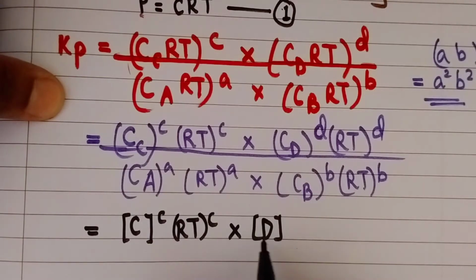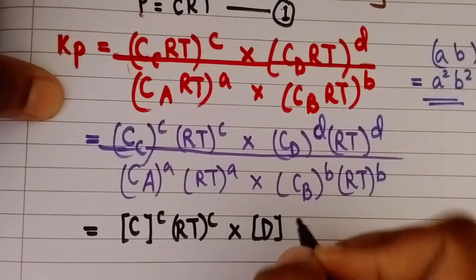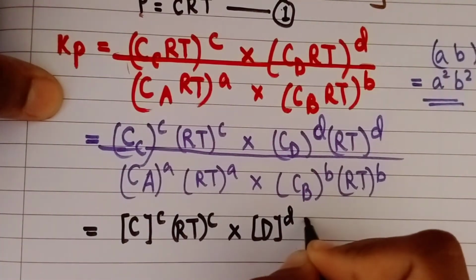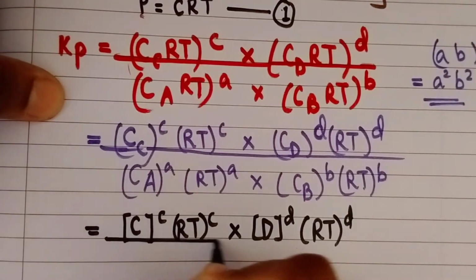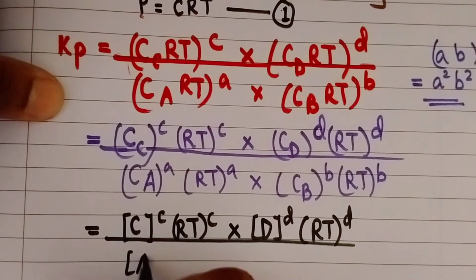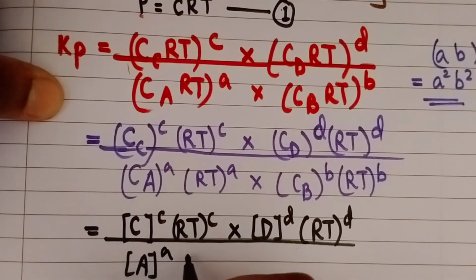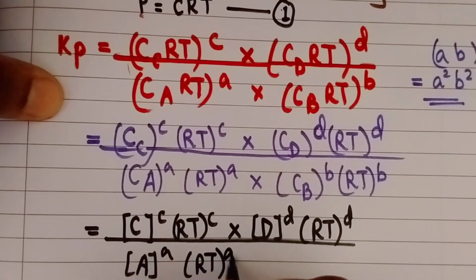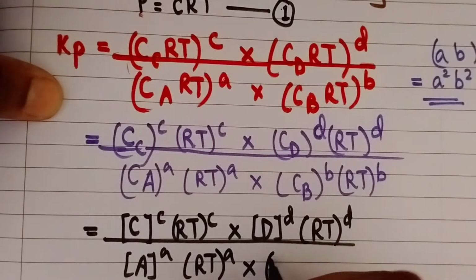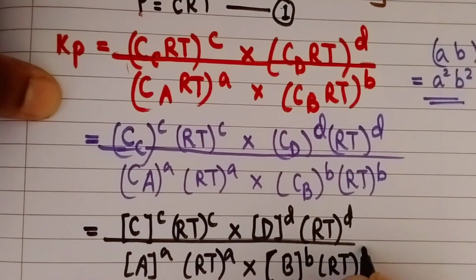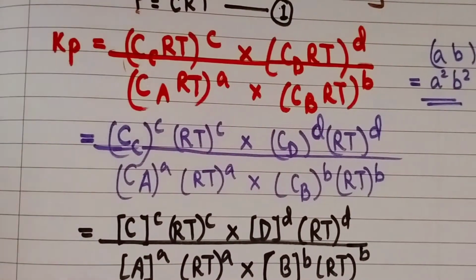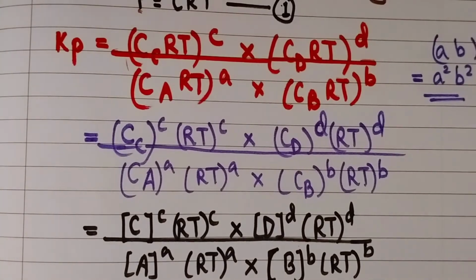It's been taught in the equilibrium chapter, class 11. So we can write it like this, divided by concentration of A raised to a, RT raised to a, into concentration of B raised to b, RT raised to b.